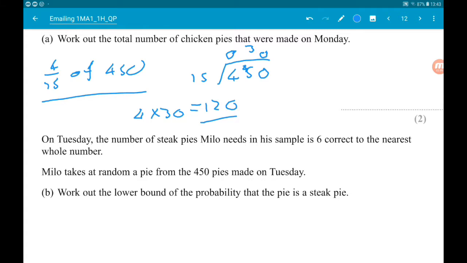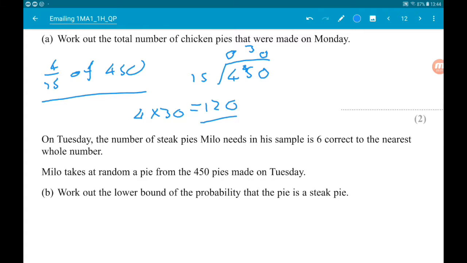Okay, then for part B, on Tuesday, the number of stick pies Milo needs in his sample is 6, correct to the nearest whole number. Milo takes a random pie from the 450 pies made on Tuesday.